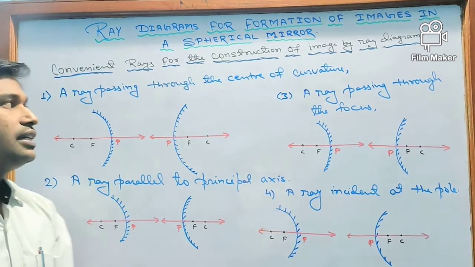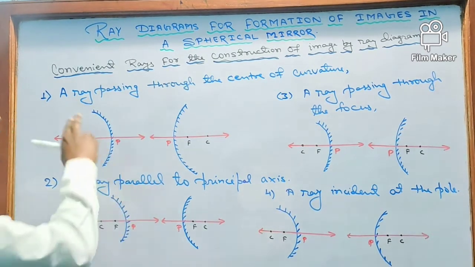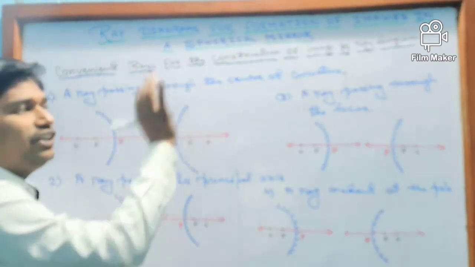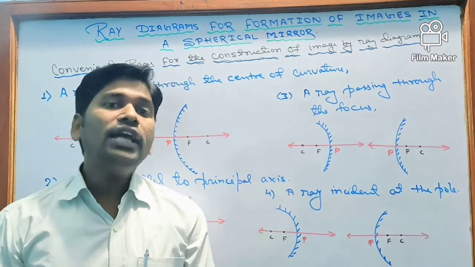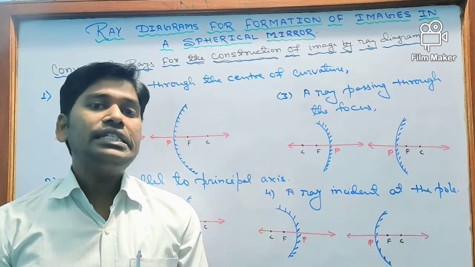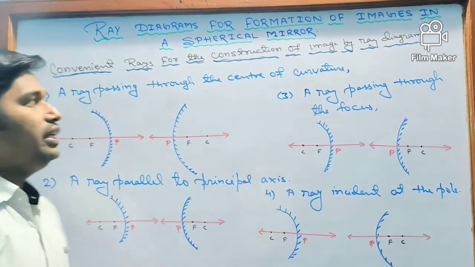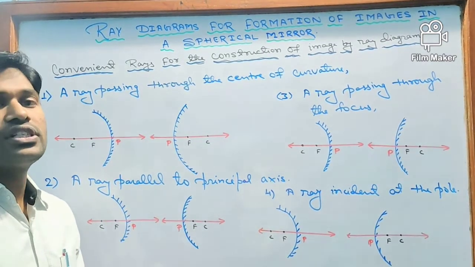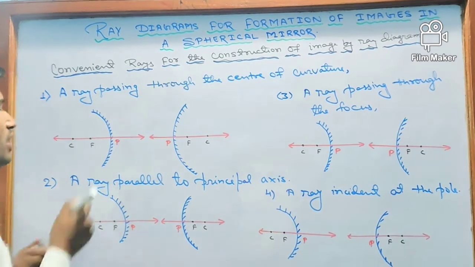The first one is a ray passing through the center of curvature. So what happens to a ray when it is incident through the center of curvature or directed towards the center of curvature? So let us see.